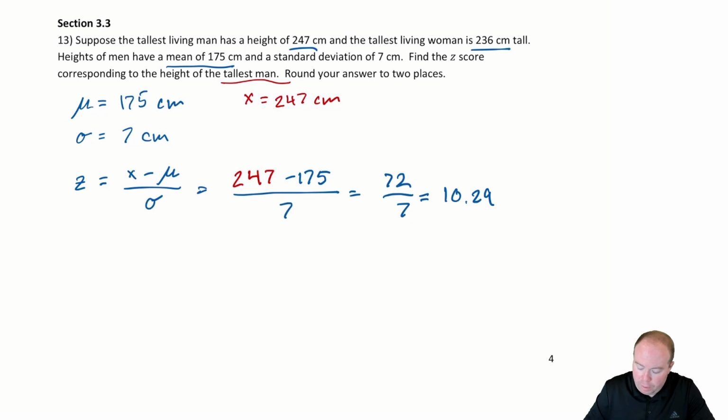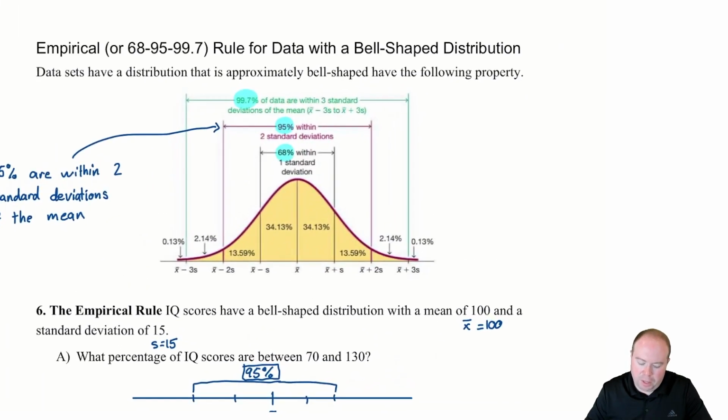So remember that when you're looking at z-scores, they're typically between -3 to 3. That counts for, according to the empirical rule, well, let's just go back to the notes, and then we have the visualizations as well. The empirical rule says that 68% are within 1 standard deviation, 95% are within 2 standard deviations, and 99.7% are within 3 standard deviations.